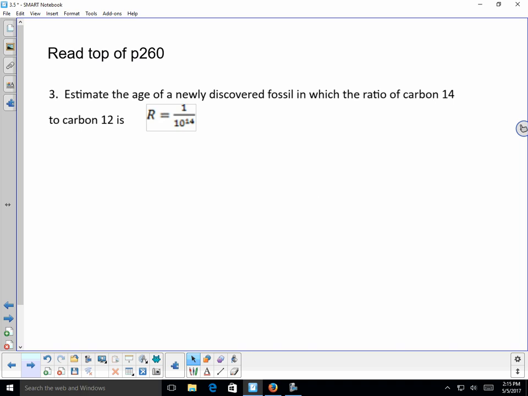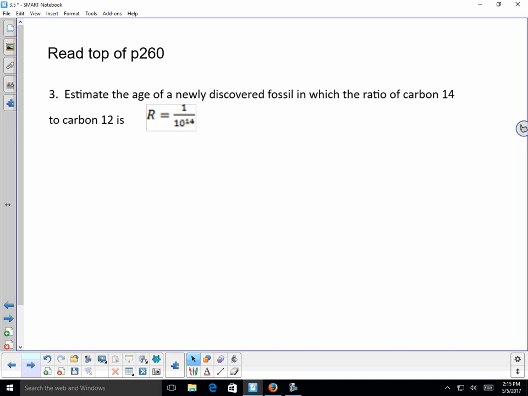When organic material dies, its carbon-12 content remains fixed, whereas its radioactive carbon-14 begins to decay with a half-life of about 5,700 years. To estimate the age of dead organic material, scientists use the following formula, which denotes the ratio of carbon-14 to carbon-12 present at any time t in years.